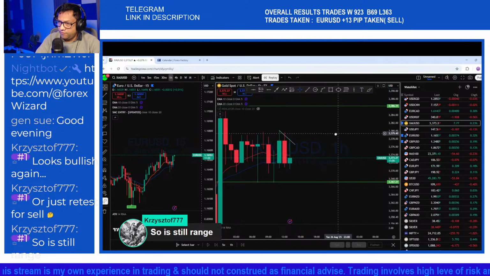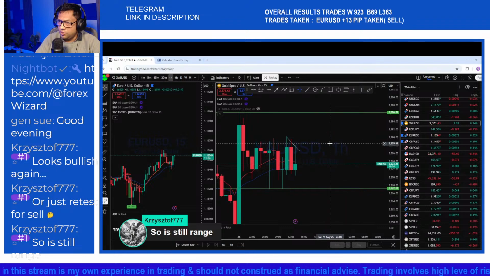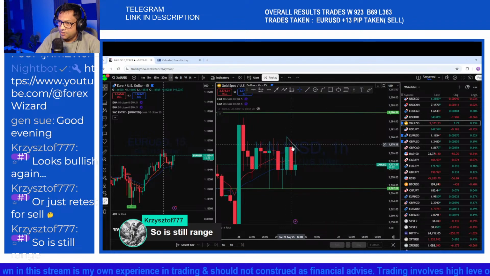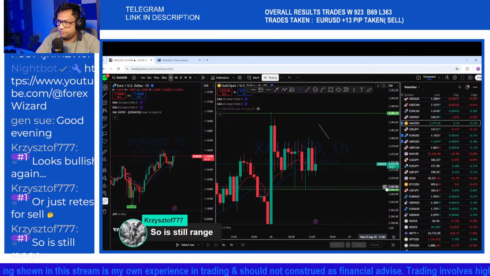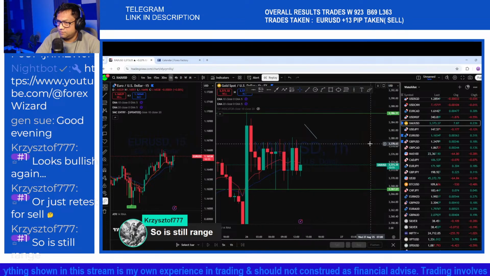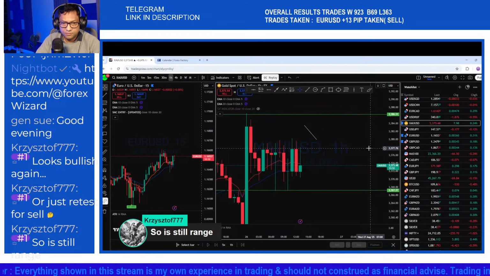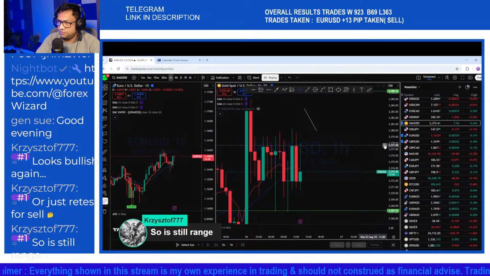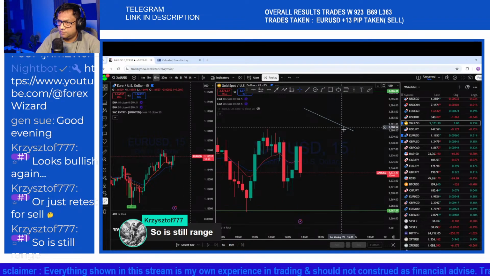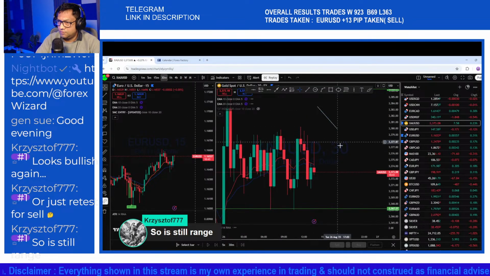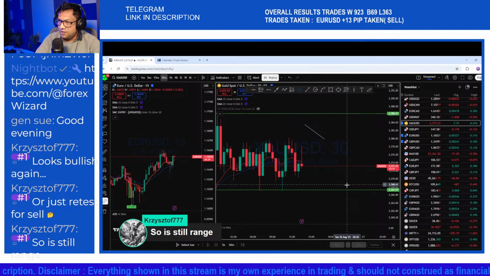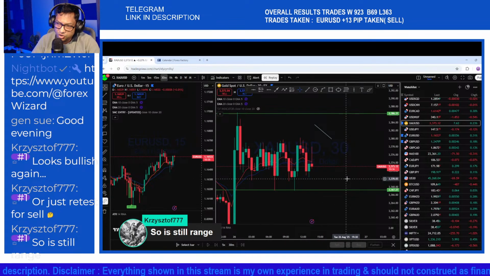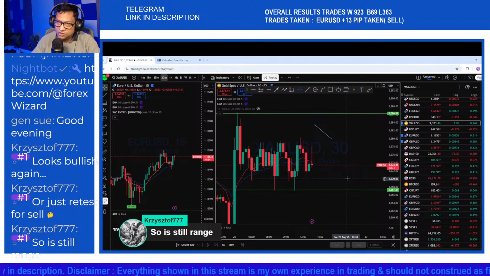And from the 1 hour, if we look, we can see back-to-back 3 candles from here getting that rejection. If you look at the 30 minutes, you can see that it is creating a pin bar. So far, it's still not closed. We still have 10 minutes to go.